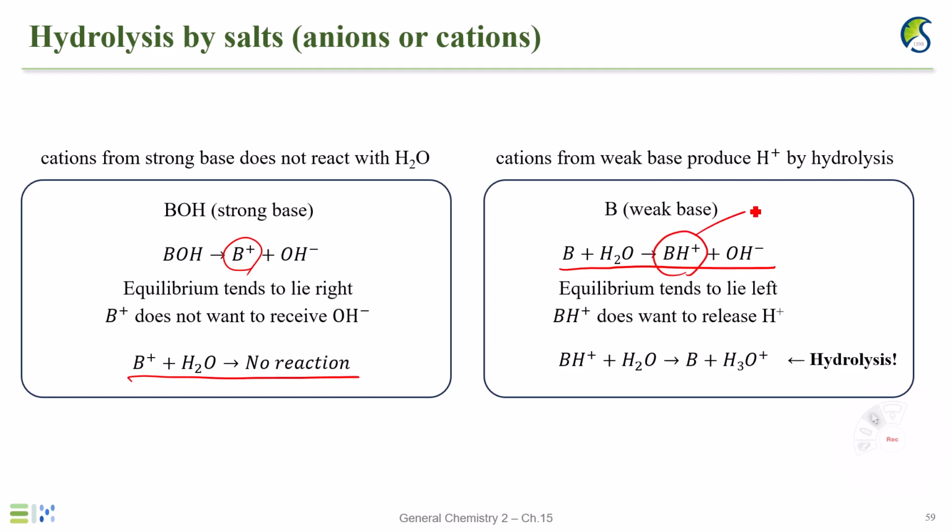This conjugate acid has some measurable strength. So if you put this conjugate acid into water, it will act as an acid, right? To form this H3O plus, which we also call hydrolysis.